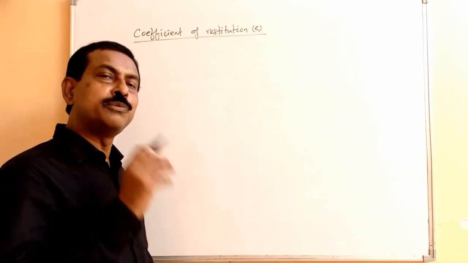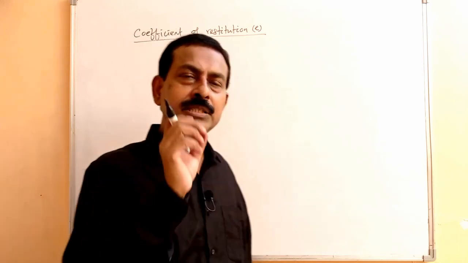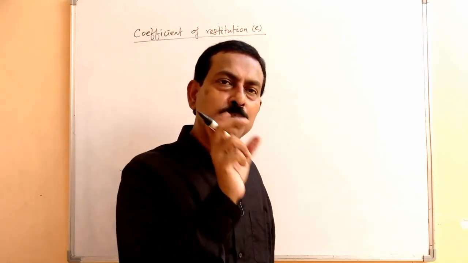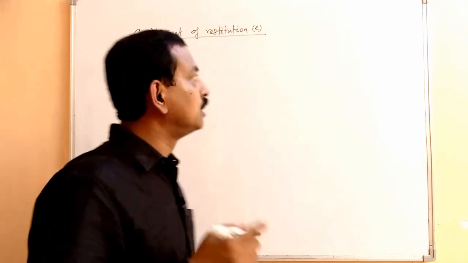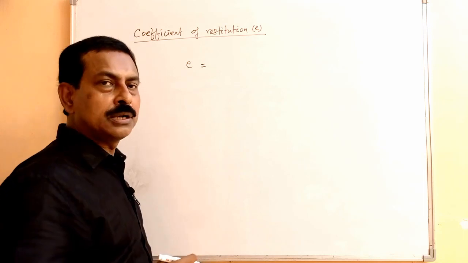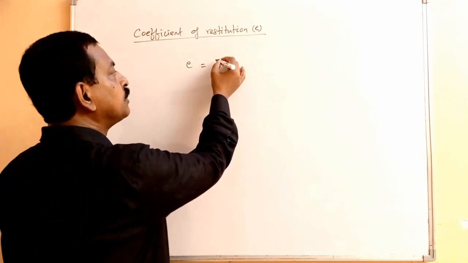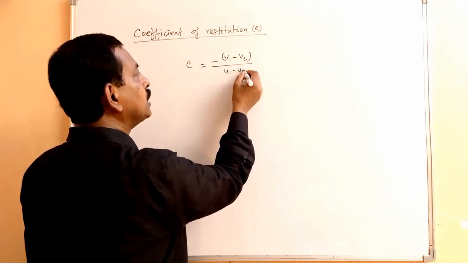Let's take now coefficient of restitution. Coefficient of restitution is the ratio of velocity of separation to velocity of approach. So it is the ratio of velocity of separation by velocity of approach, divided by u1 minus u2.